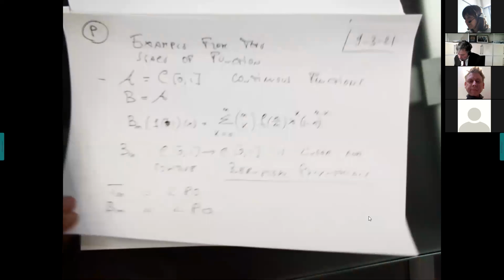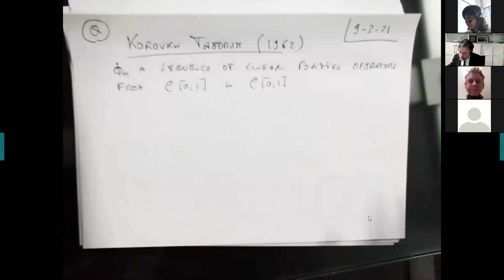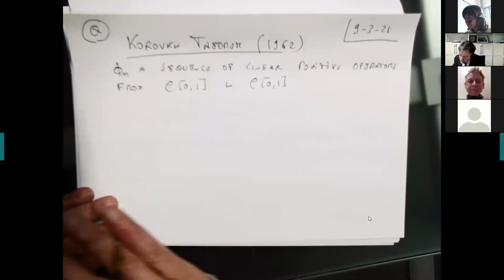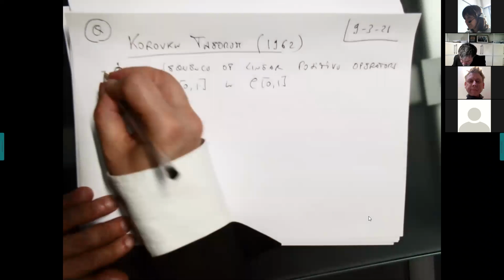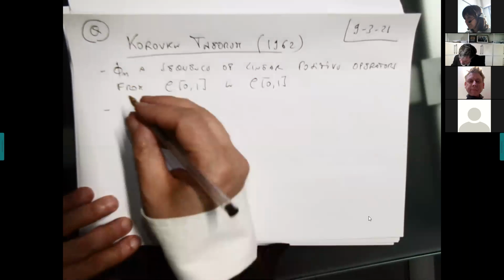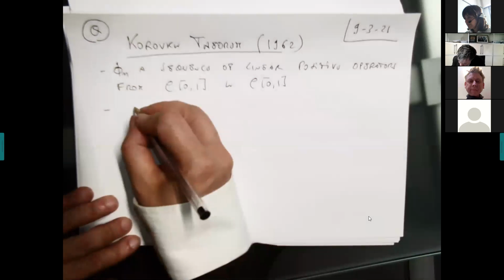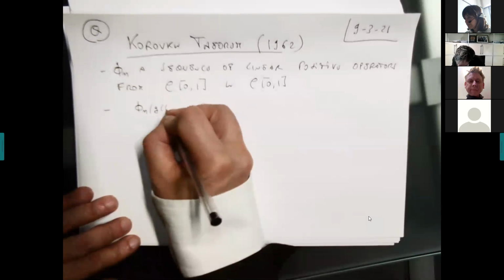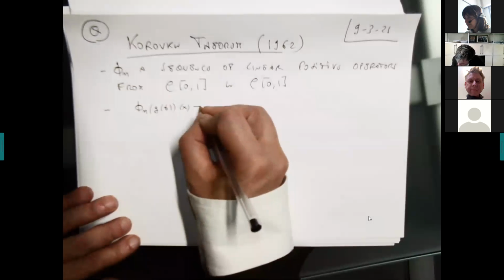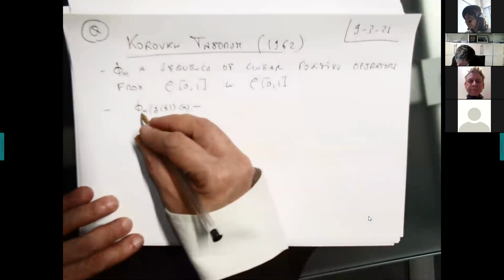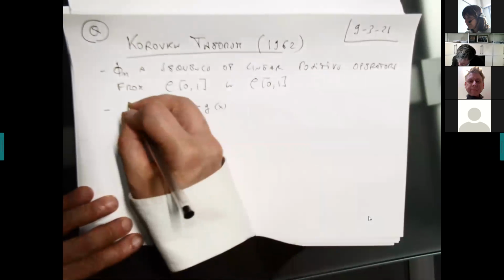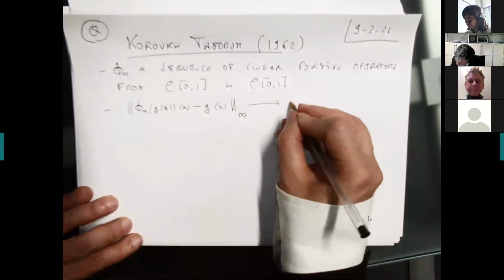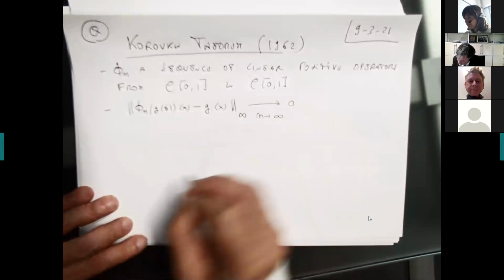Okay. Now, here is a more general situation. So Phi n could be your Bernstein polynomial or could be another thing. Now consider a special function g and assume that the infinity norm of this difference goes to 0 as n tends to infinity.